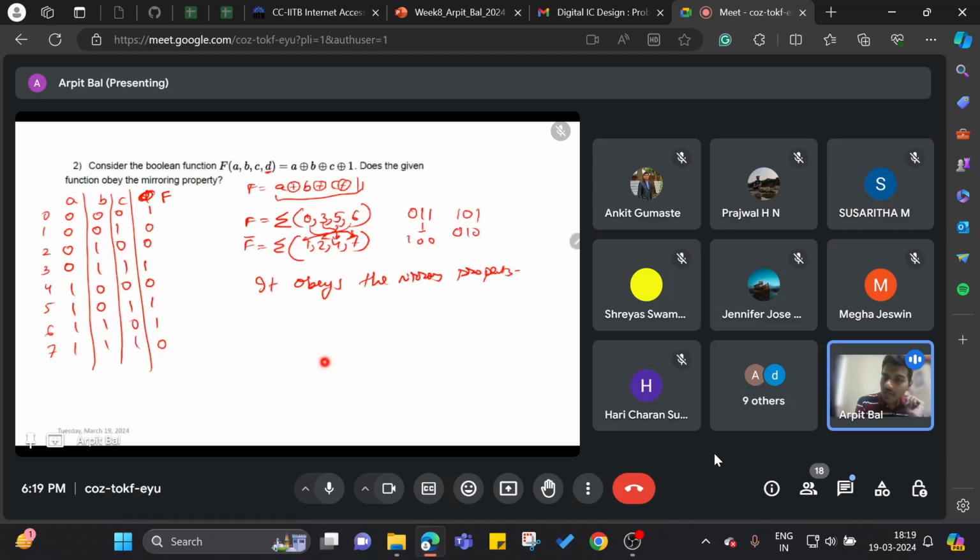So any function that is given to you, you can verify whether it obeys the mirroring property or not by using the truth table method. Is everyone clear with this, or is there any doubt?